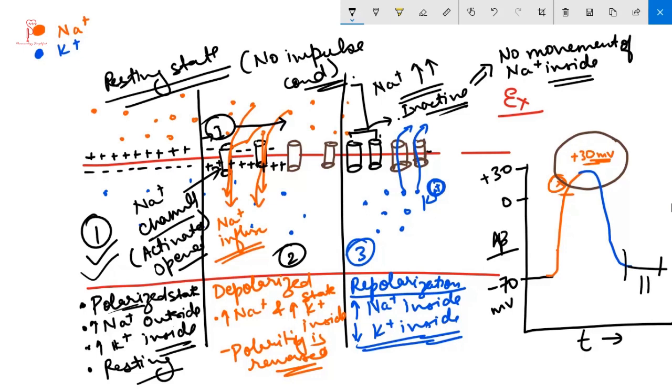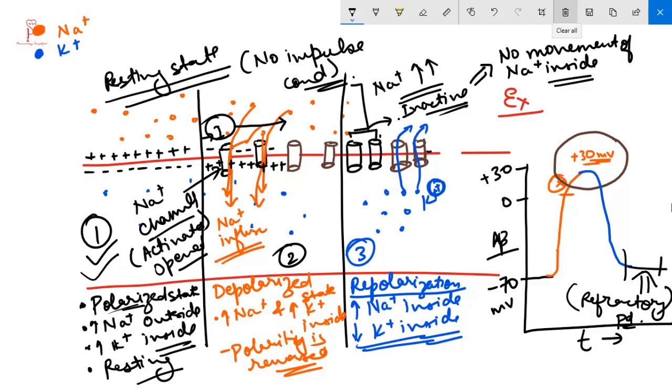Then we have a period, and we call this period the refractory period, right? This refractory period is the time period where the neuron cannot conduct. Even if we get an impulse, like here the impulse was arriving, this neuron will not conduct any impulse. So this is called the refractory period.